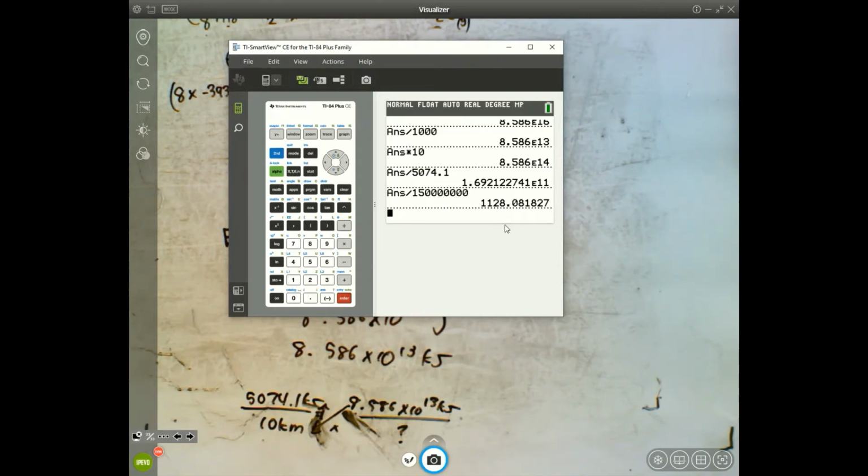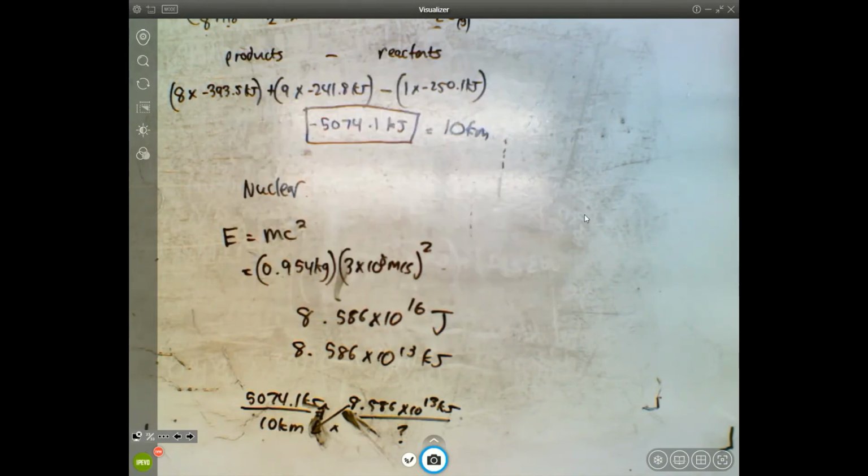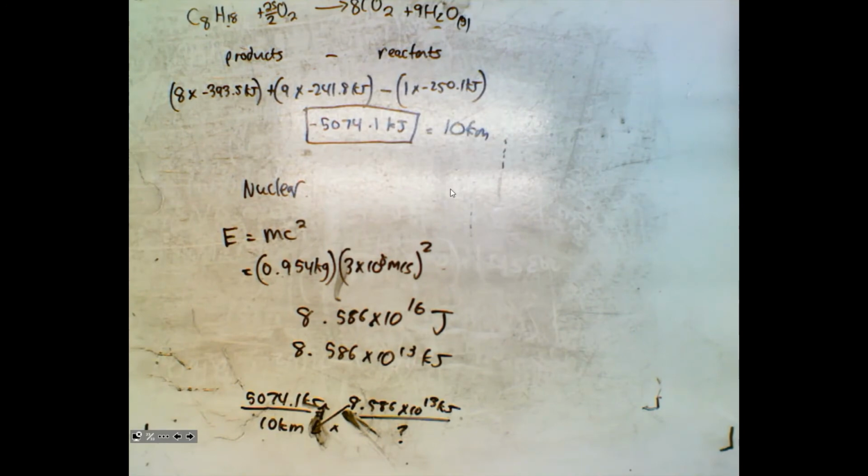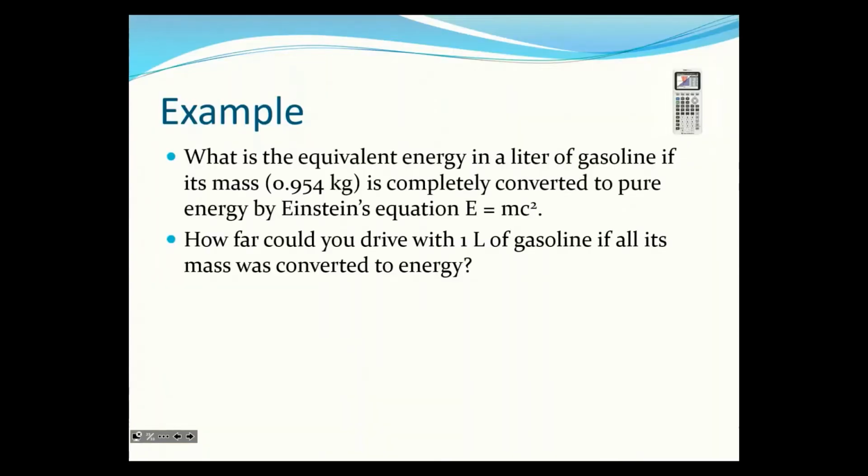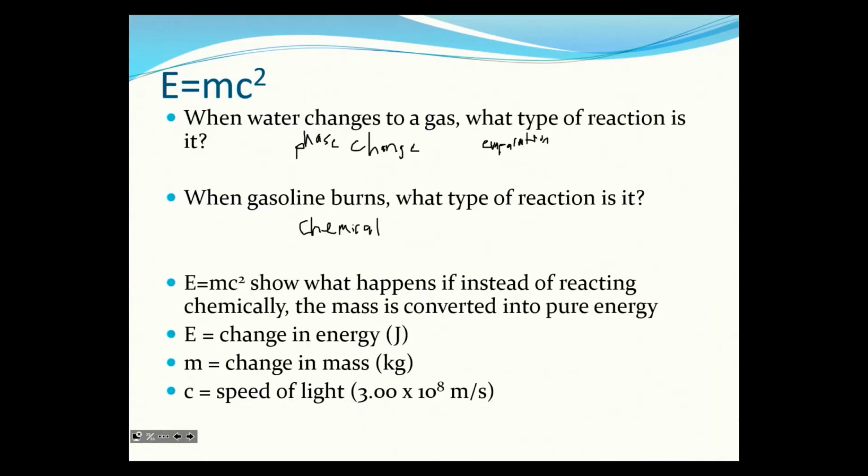So that's a lot. So what I'm trying to say here is that there is a ton of energy in nuclear power, way more energy than in chemical and phase change. Okay, so what you need to know is phase change is the lowest amount of energy, right?